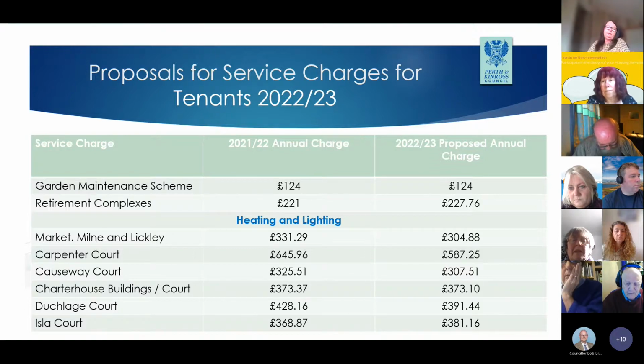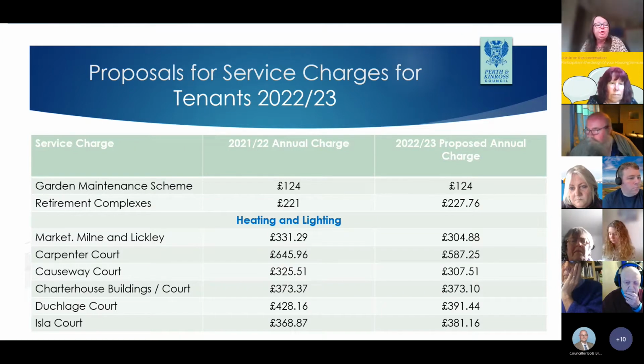So these are our proposals for our service charges for tenants for 2022-23. There's no proposed increase for the garden maintenance scheme, and there's a small increase for retirement complexes of just under £7 for the annual charge.